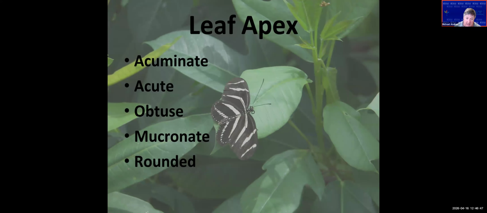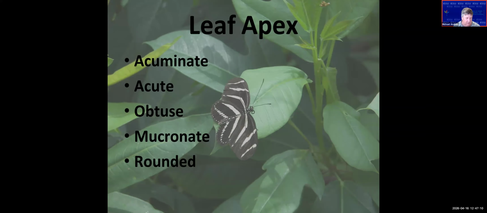Other terminology you need to be aware of when looking at leaves is that you can describe the top half of the leaf. We call that the apex of the leaf. More terminology that you might encounter. These are some common terms: acuminate, acute, obtuse, mucronate, rounded.